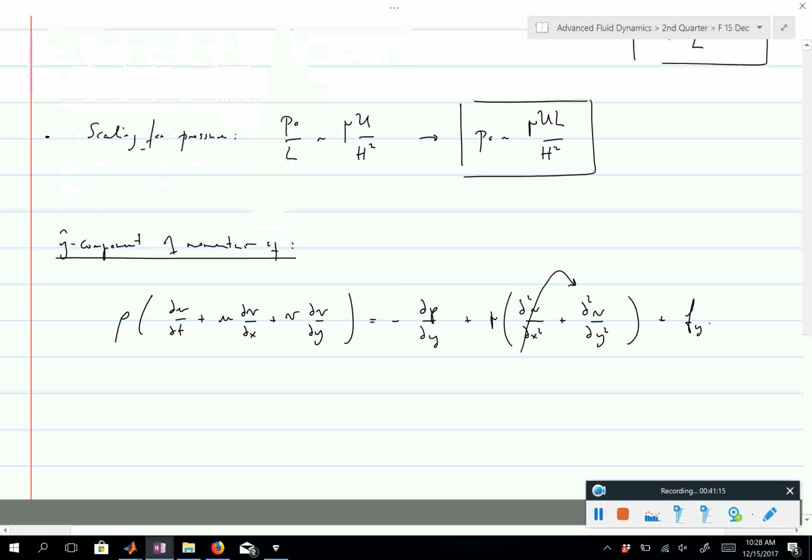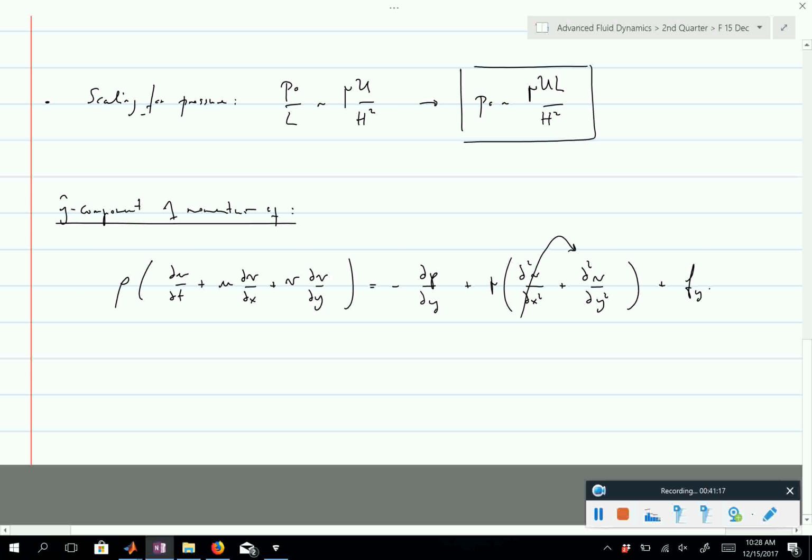It's a bit tedious. So here I have rho, v scaled with u times h divided by l. So I have h divided by l times u, and t is l divided by u. So I have rho u squared h divided by l squared. This term here will be the same, rho h u squared divided by l squared.